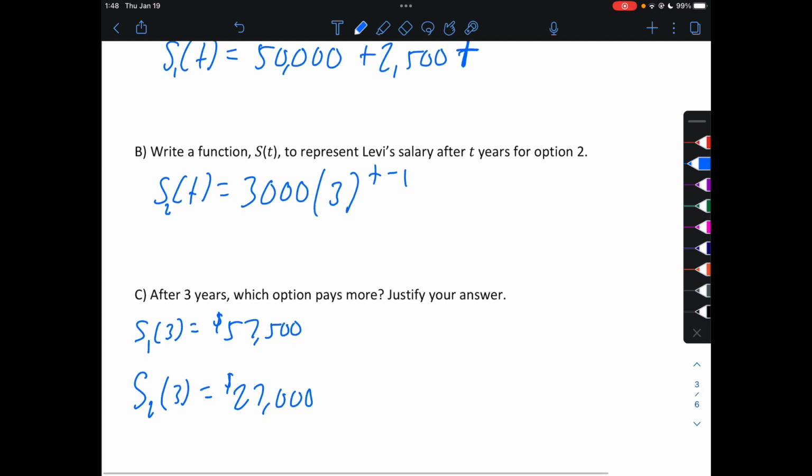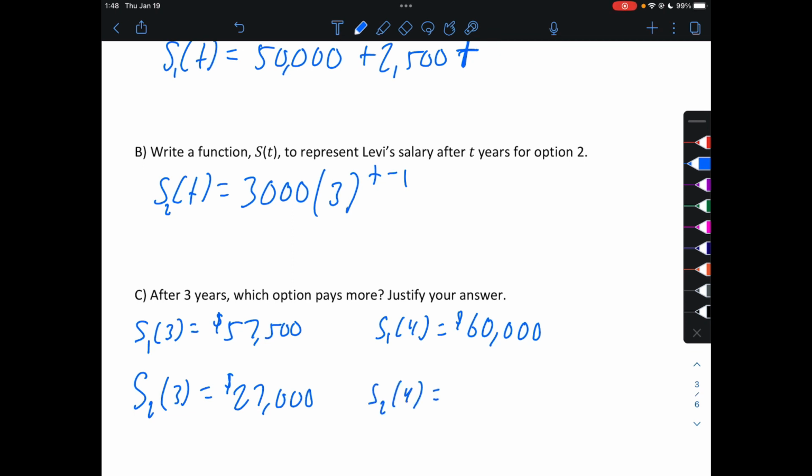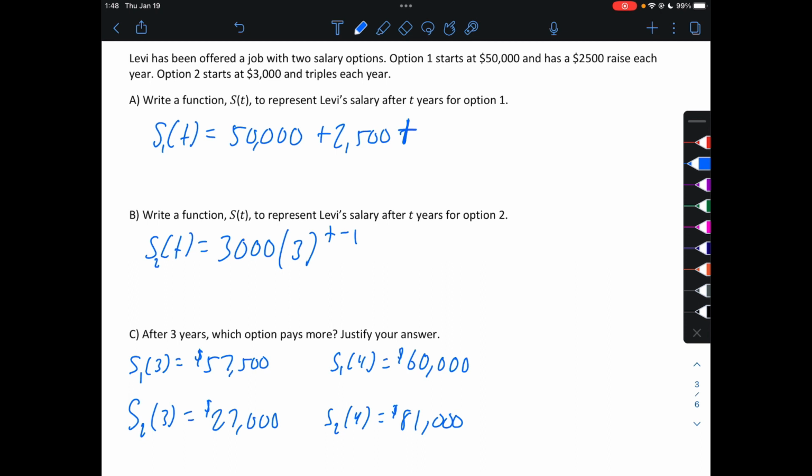So in the fourth year, since it says after 3 years, add another 2,500 to that. Option 1 would be 60,000, but triple another time, and option 2 is going to be 81,000. So the first option is only the better option for 3 years, and after that, the second option is the much better option. Why is that? Exponential growth grows a lot faster than linear growth. And that's what we're seeing happen in this problem.